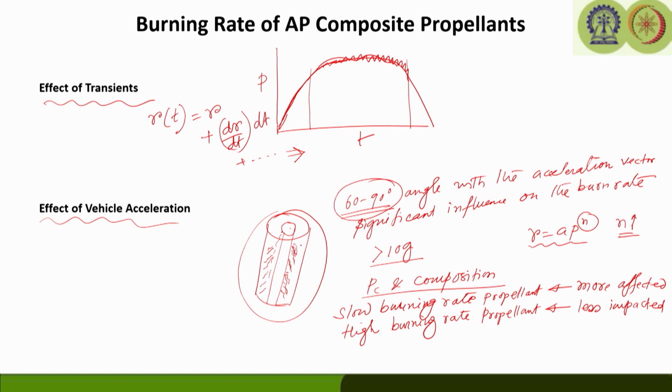So, of course, it is enhancing or augmenting the burn rate, but this should be considered in light of the safety or stable operation of the rocket. Different experimental data should be consulted for design purposes, and in general it has also been done to understand the influence of the vehicle acceleration on the burn rate.